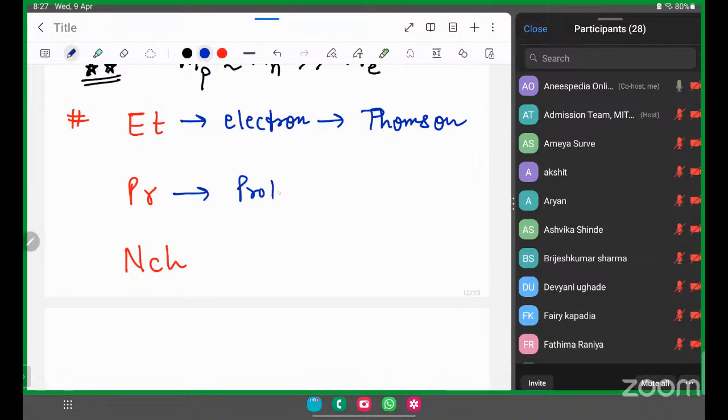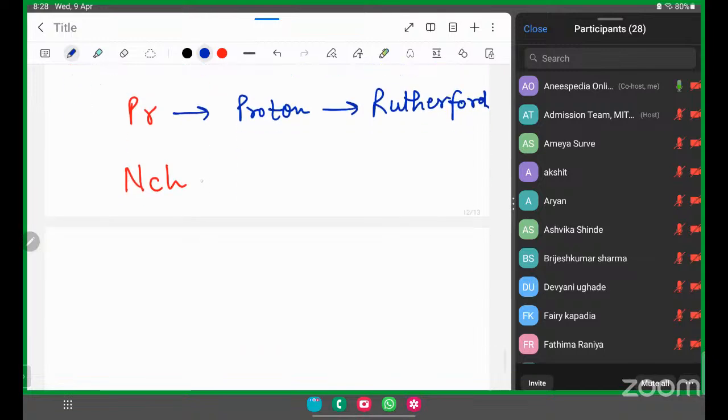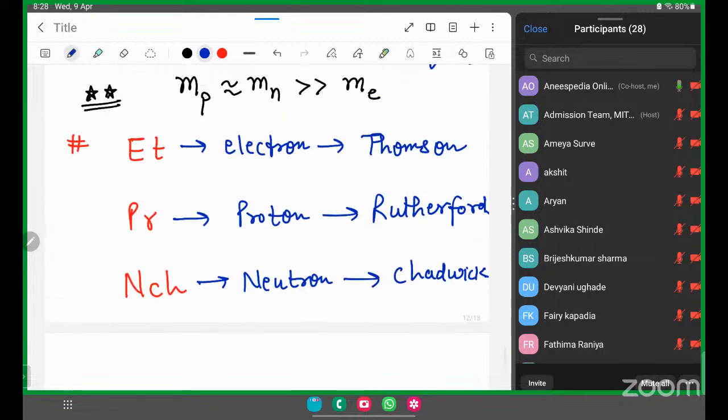P for proton, R for Rutherford: proton was discovered by Rutherford. N for neutron, CH for Chadwick: neutron was discovered by Chadwick.